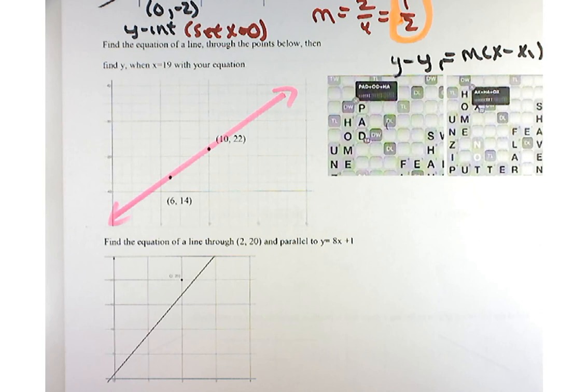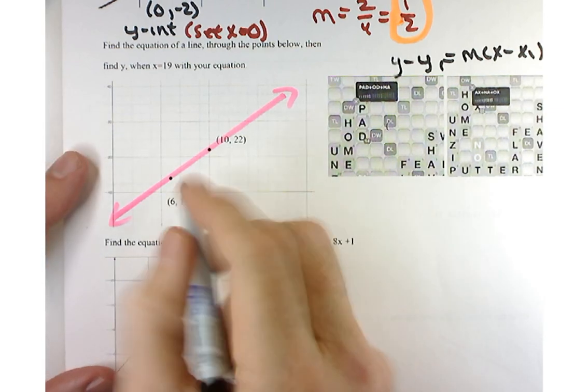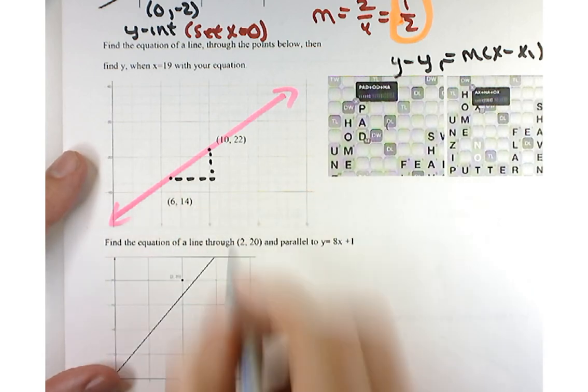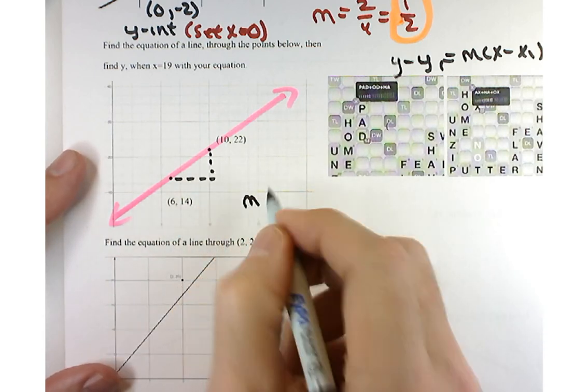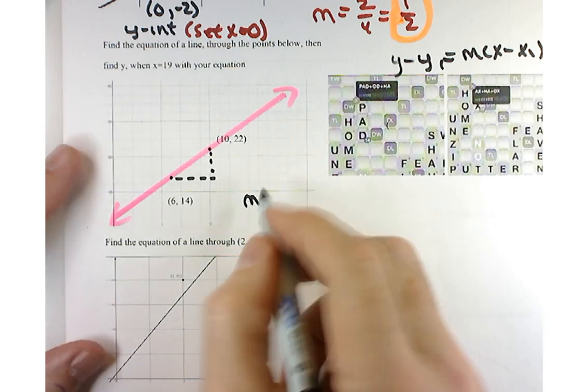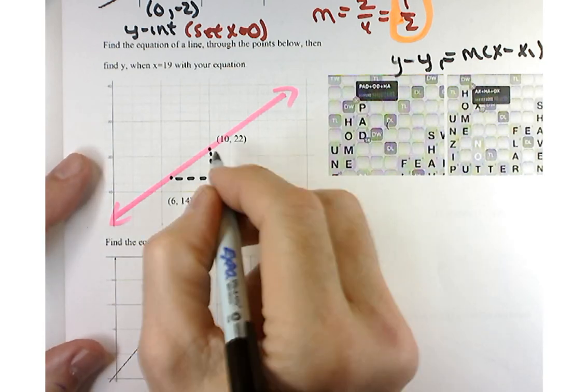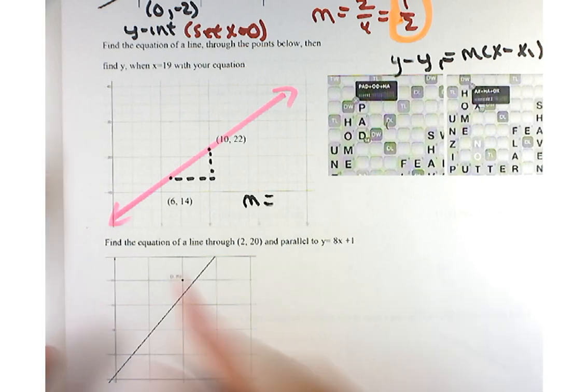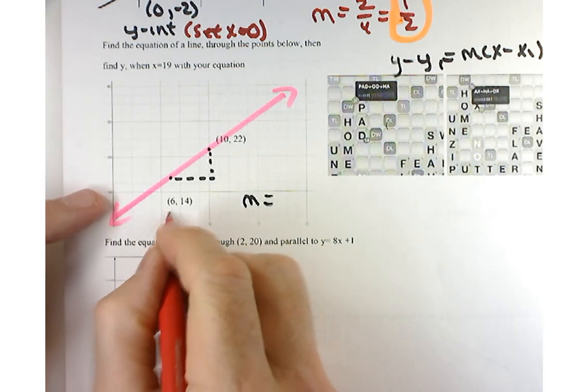You could do y2 minus y1 and x. Beautiful. We're going to start out by finding the slope of the line between these 2 points. Let's call one of them x1, y1, the other one x2, y2, just arbitrarily.